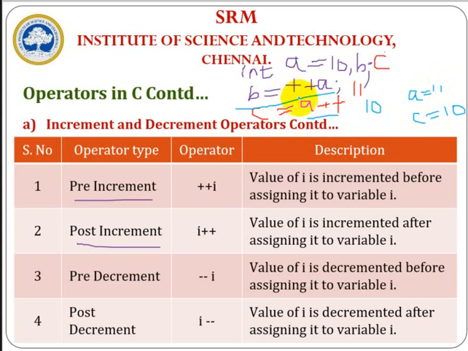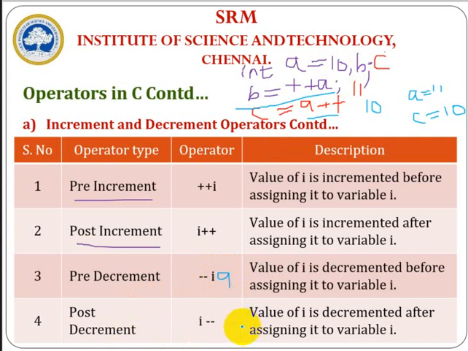So that is the basic difference between the pre and post. In the pre-incrementation, the value will be incremented first and then assigned. In the post, it first assigns the value and later on it will try to increment. So we can say the incrementation will be done last. Similarly on the decrementation process, if you assume a value is 10, pre-decrementation will give 9 as an output.